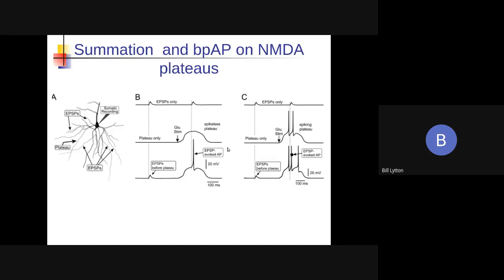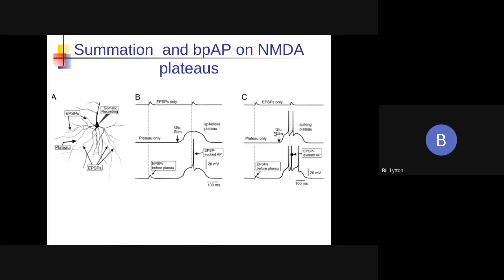That's about 150, maybe 200 milliseconds. And I don't have the voltage bar, but I'd say it's about 40 millivolts depolarization. Oh, there it is. So 20 millivolts depolarization. Now added together, EPSP and then the EPSP during the plateau. This is without the EPSP during the plateau.